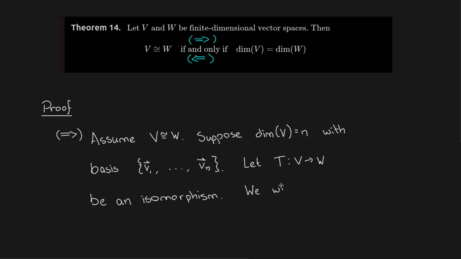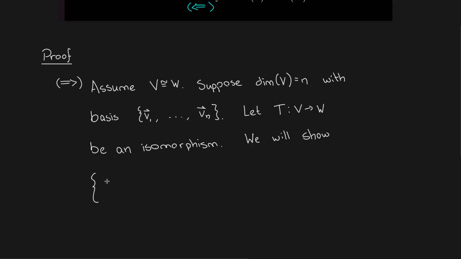We will show that the transformation of the basis of vector space V, TV1 to TVn, is going to be a basis for vector space W. Okay, and I probably should say here that V1 to Vn is a basis for vector space V. Okay.